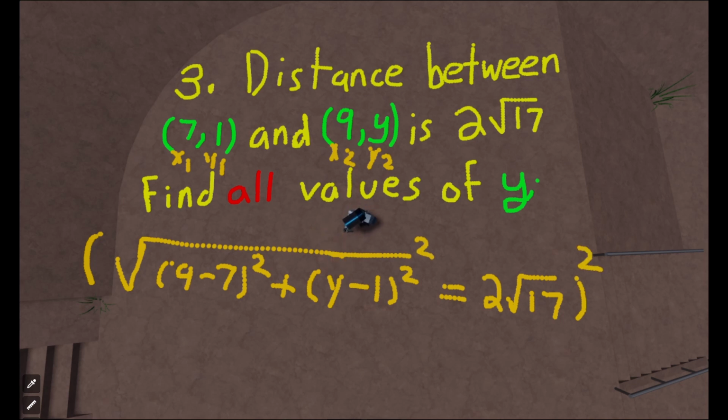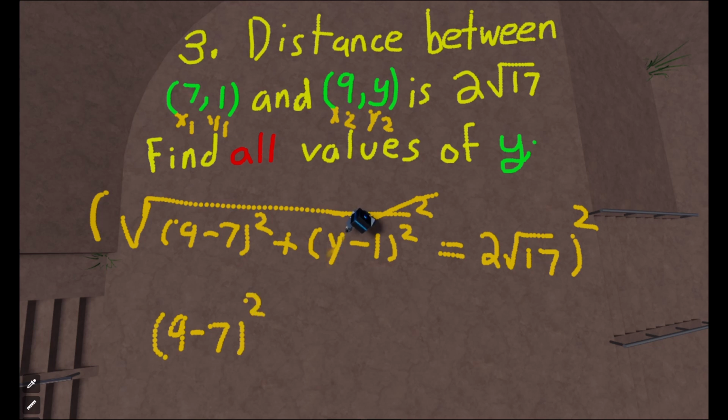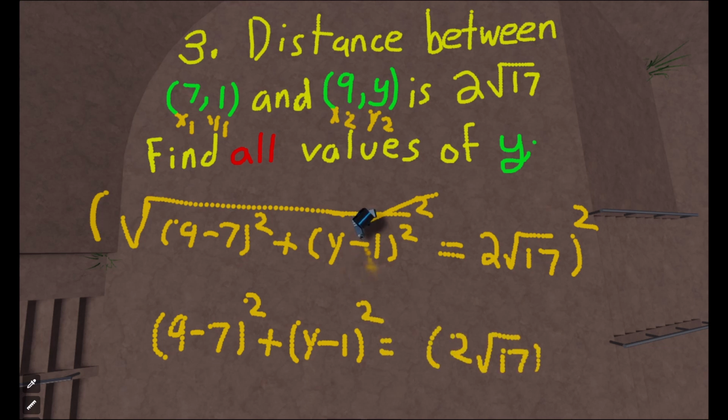If I square the left side here, the square and the square root cancel out, and I'll be left with 9 minus 7 squared plus y minus 1 squared is equal to 2 times square root of 17, squared.